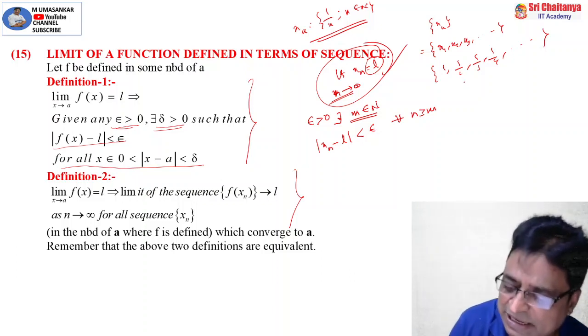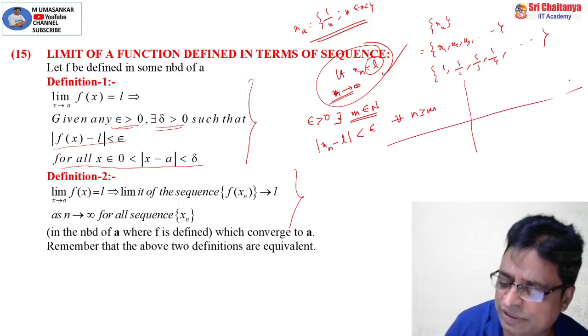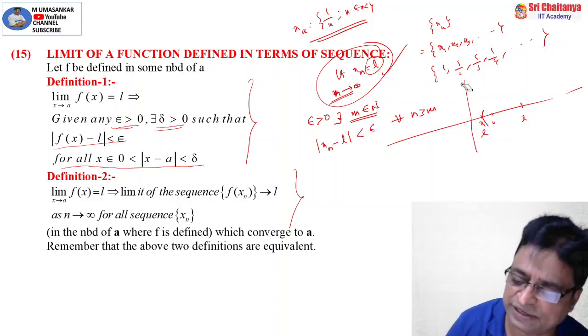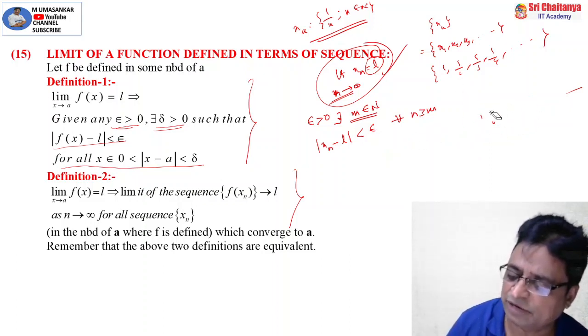That means, suppose these are the terms of the sequence, say x1, x2. This is L, the neighborhood of L. These are the terms of the sequence, 1, 2, 3 I am taking.